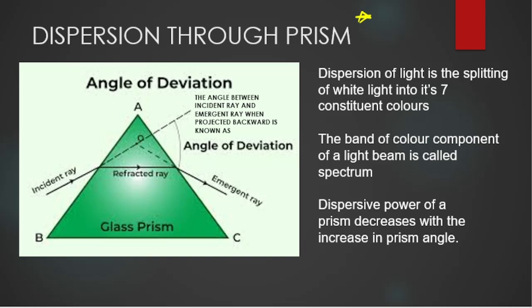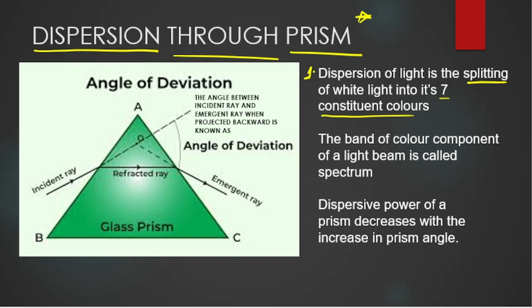So dispersion, what do you mean by dispersion? You all know. And what is prism? Tell me, what is dispersion and what is prism? What do you understand by these terms? So here I have written: dispersion of light is the splitting of white light into 7 constituent colors.